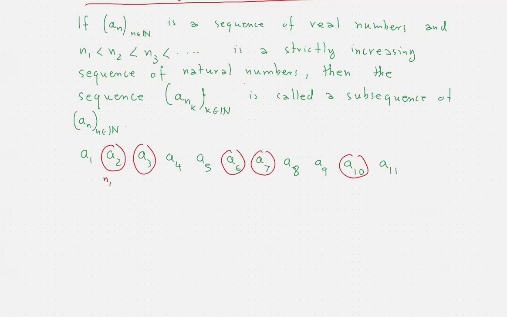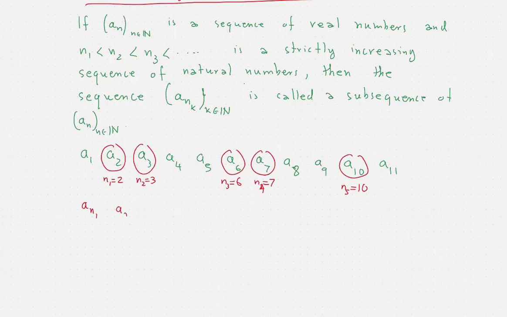Then we have 6. And n_4 will be 7. Then we have 10, and so on and so forth. Basically we're specifying that out of the terms of the sequence, we keep infinitely many of them, and we relabel the sequence by a_{n_1}, a_{n_2}, a_{n_3}, a_{n_4}, a_{n_5}.